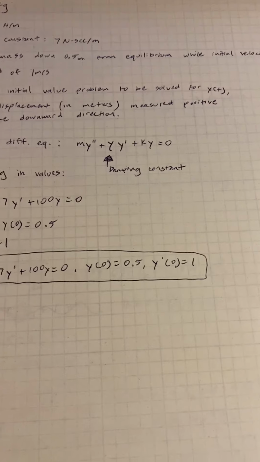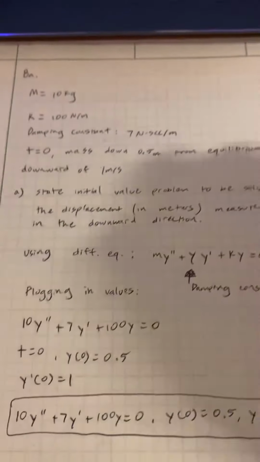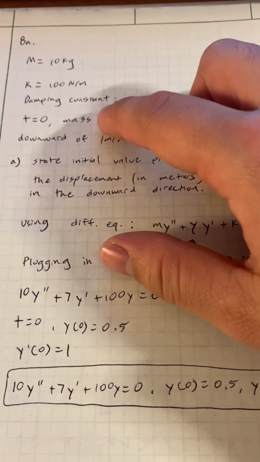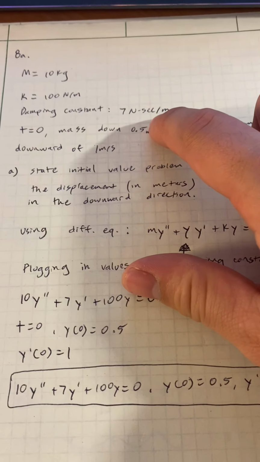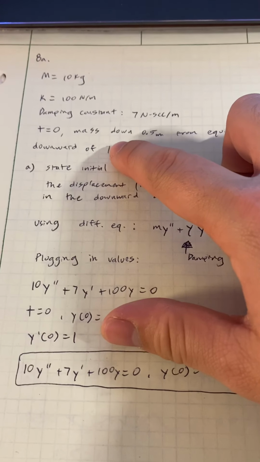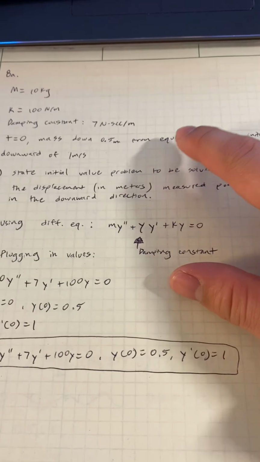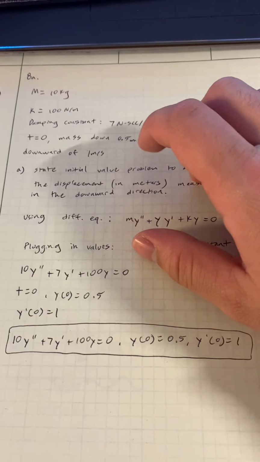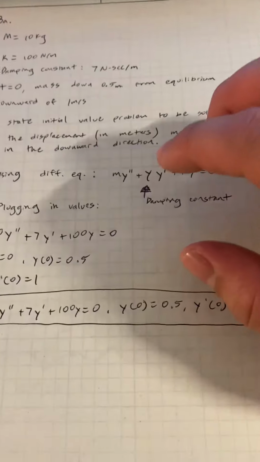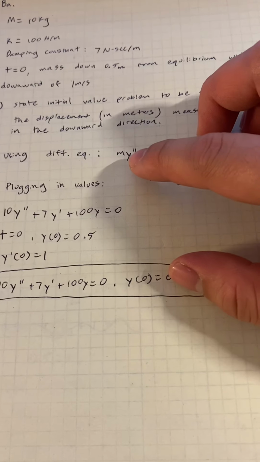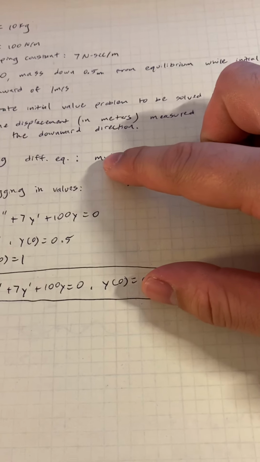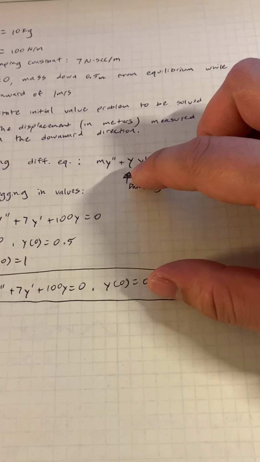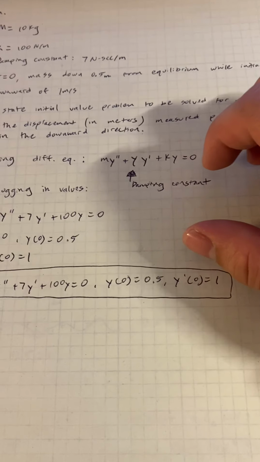Alright, so first step here, I've written down the givens. m equals 10 kilograms, k is equal to 100 N/m, the damping constant is 7 N·s/m. At t equals 0, the mass is pulled down 0.5, and we also give it a downward velocity of 1 meter per second. So we're going to use a differential equation of the form we've seen before: m y double prime plus the damping constant times y prime plus k y is equal to 0.